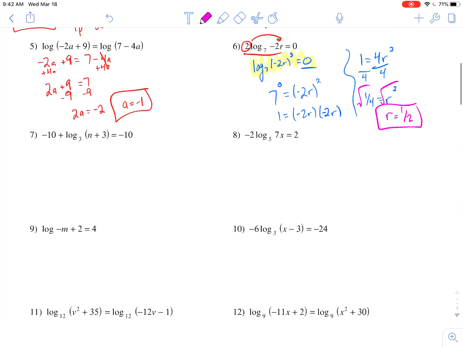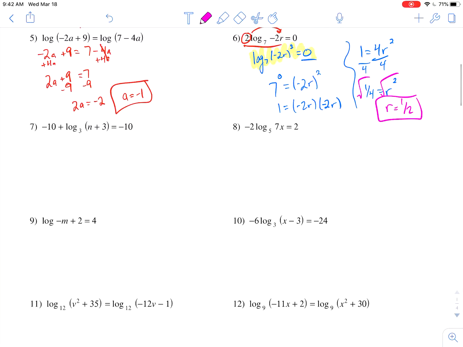So why don't you guys take a second? First things first here in number 7, get rid of that negative 10 to get your log by itself. And then we can write that as an exponent and then solve. So we can add 10 to both sides.